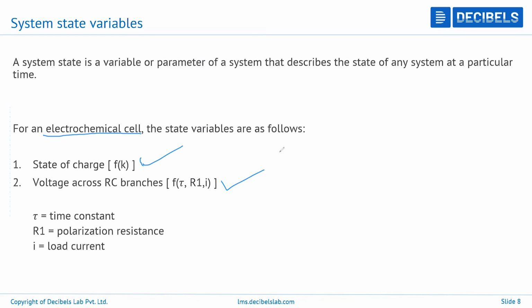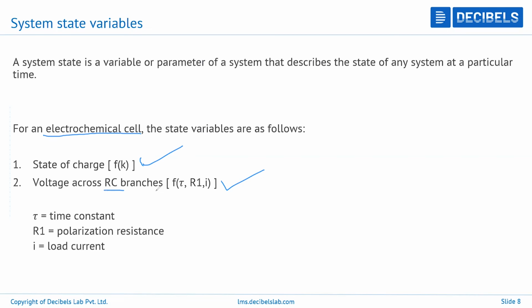The derivation of these two variables we will not be considering in this webinar, because that's a different topic altogether that goes into the study of individual system behavior. We won't have enough time, nor enough scope, to cover it. So for simplicity, I have mentioned state of charge and voltage across RC branches.